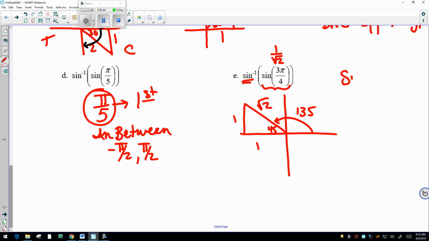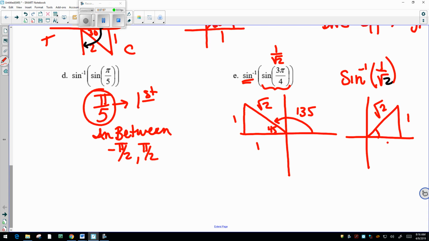So now I need to solve the inverse sine of 1 over square root of 2. So keep in mind, I'm now looking for the angle that would give me the sine ratio of 1 over the square root of 2, and my options are only first or fourth quadrant. It has to be in the first quadrant because that's what my positive side ratio is going to be. So I have opposite over hypotenuse, and that's going to leave me with 45 degrees or pi over 4.